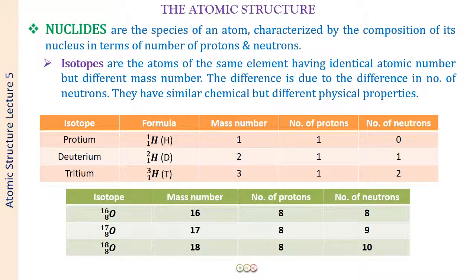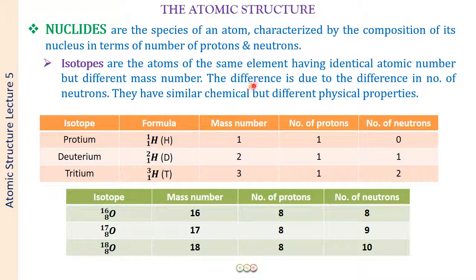Okay, now we have nuclides. What are nuclides? They are the species of an atom characterized by the composition of its nucleus in terms of number of protons and neutrons. One of the nuclides being isotopes. What are isotopes? They are the atoms of the same element having identical atomic number but different mass number.